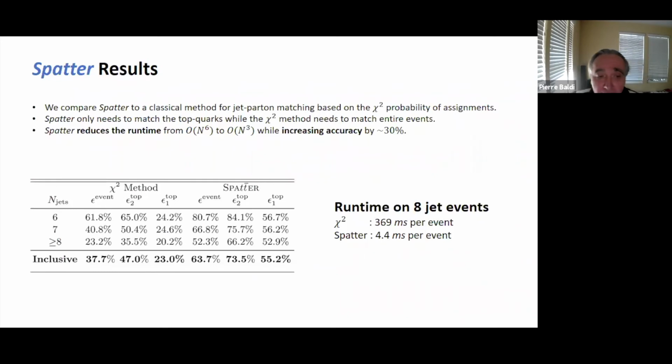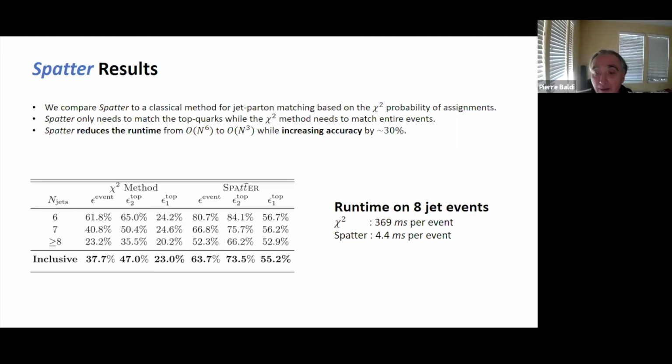Here the baseline is provided by the chi-square method, which basically looks at all possible permutations and comes up with a score for each one of them. And again, using transformers, the system we have, we call it SPA-NET, probably not a very good name, but anyway, that's what we have. And you can see that it outperforms the chi-square method in all cases fairly substantially, and it's also much faster.